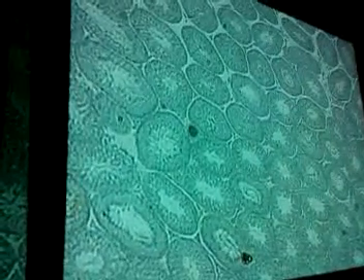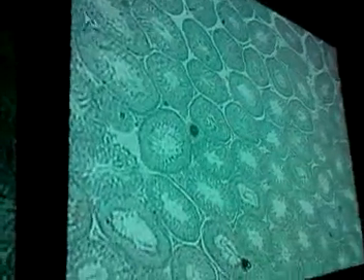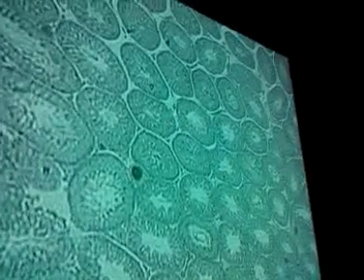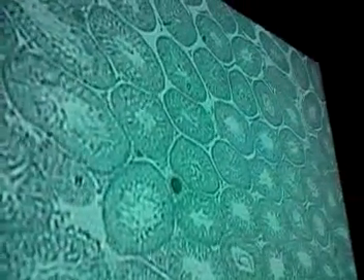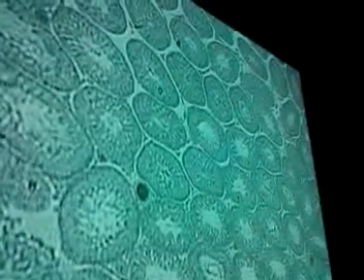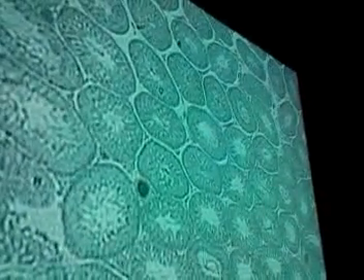See, this is highly coiled. So these are cross sections through a seminiferous tubule. These little black dots right there are called interstitial cells. The interstitial cells produce the hormone testosterone. They're responsible for that hormone, testosterone. The follicle-stimulating hormone causes this area right here, the tubule, to produce spermatozoa.